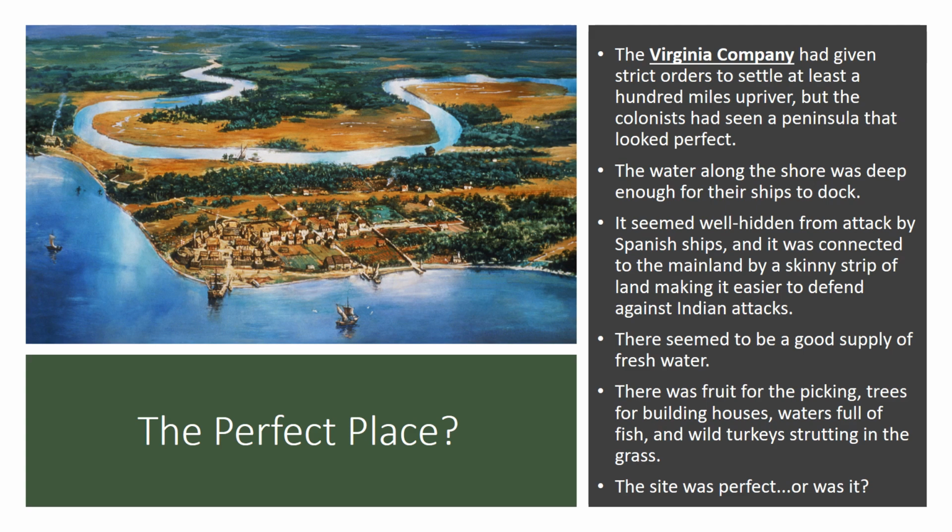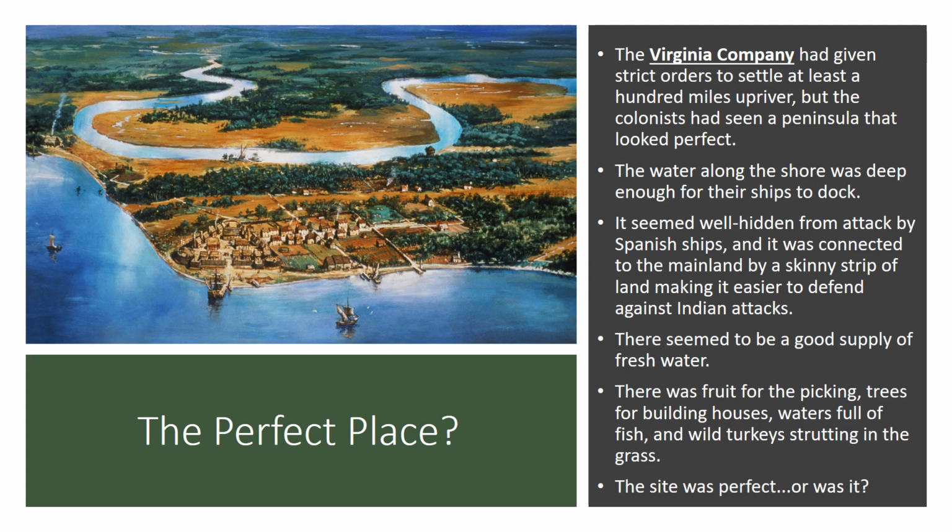The perfect place? The Virginia Company had given strict orders to settle at least 100 miles upriver, but the colonists had seen a peninsula that looked perfect. The water along the shore was deep enough for their ships to dock.